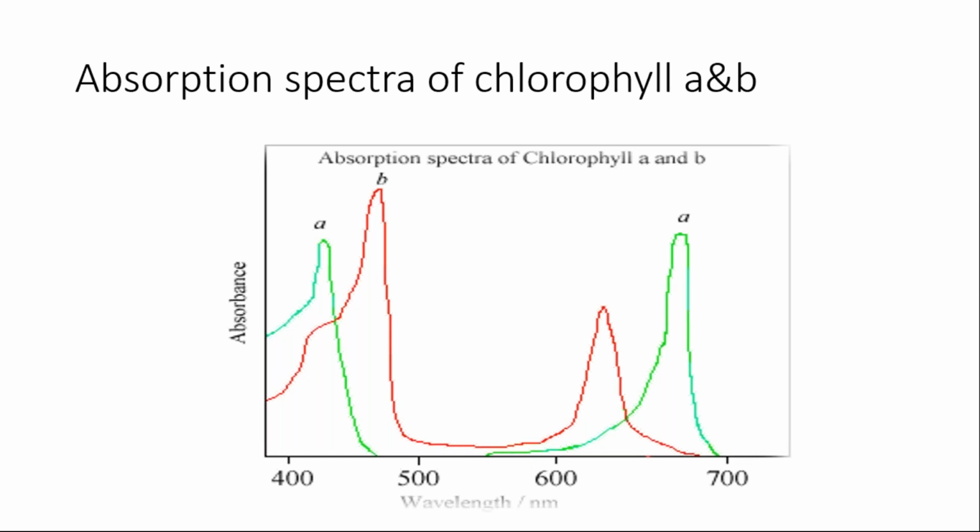If you look in the region of 580 to about 700, you see chlorophyll A has a very high absorption maximum, whereas chlorophyll B doesn't. However, at the lower wavelength, around 600, maybe 580 to 640, chlorophyll B has a very high absorption maximum.